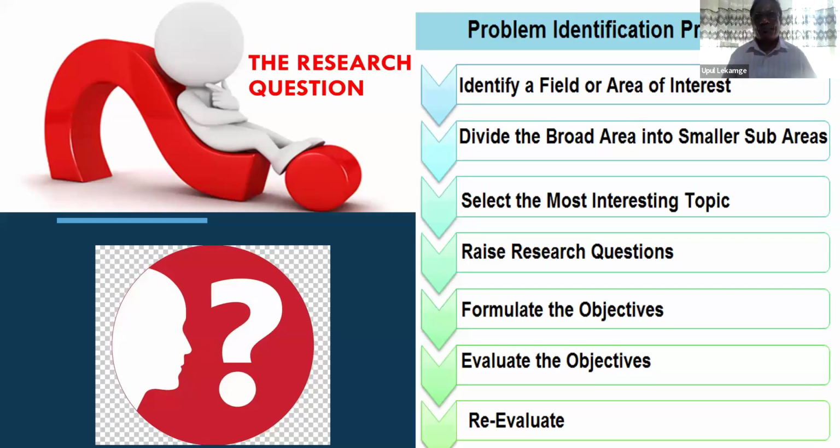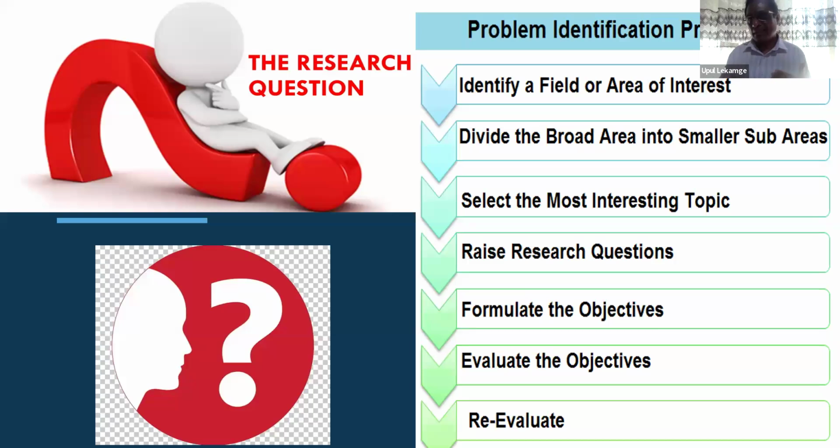Therefore, supervisors have to be very serious about their job role. If the student comes with a research issue, question, or topic, the supervisor has to start questioning. Then little by little, the candidate would understand what his problems are.